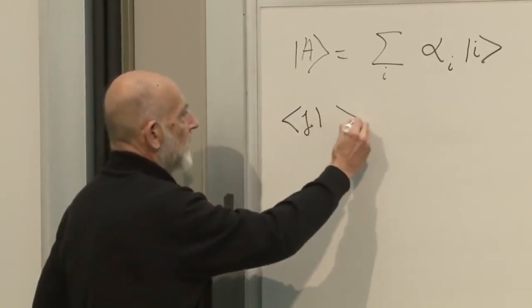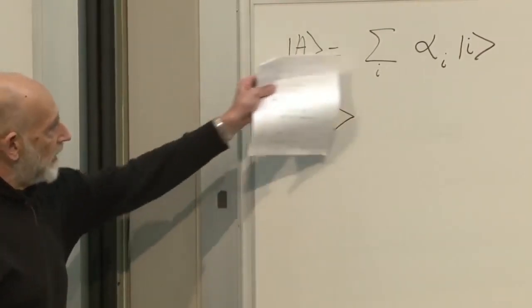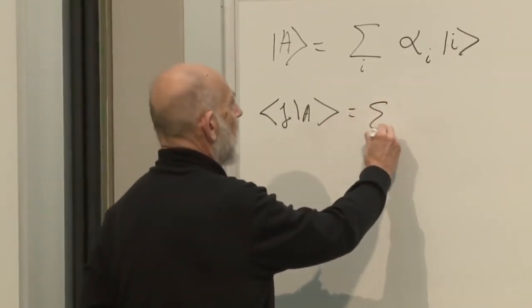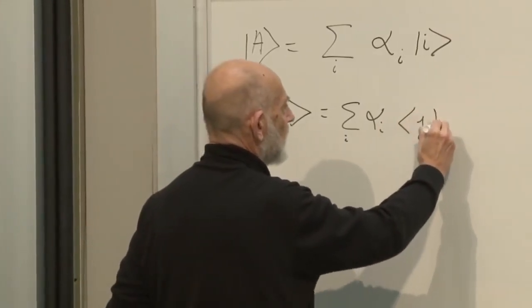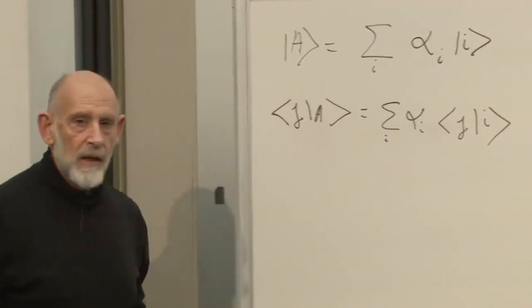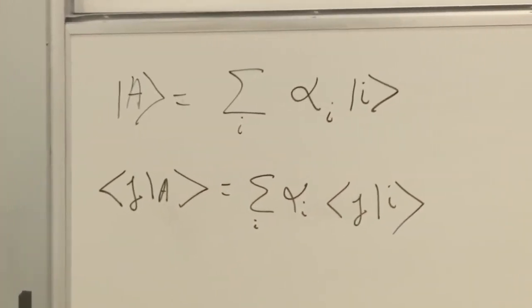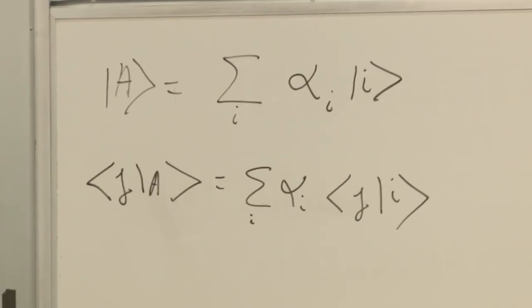On the left-hand side, we get the inner product of j with the vector A, which is the thing we're trying to express, and that's equal to the sum over i of alpha sub i times the inner product of the vector j with the vector i. But the inner product of j with i is either 1 or 0. It's 1 if i and j are the same vector, and it's 0 otherwise.